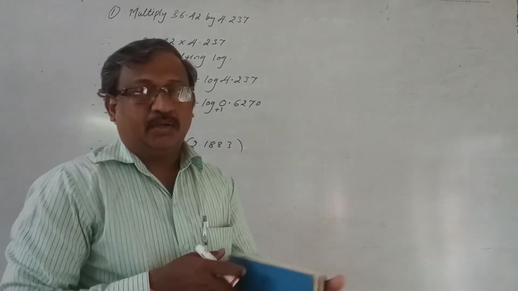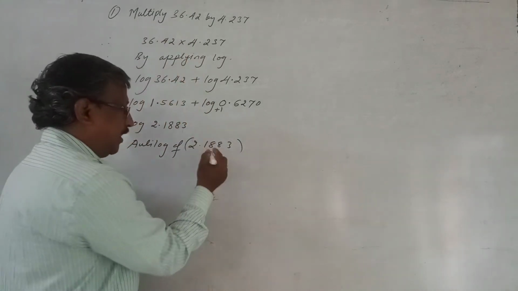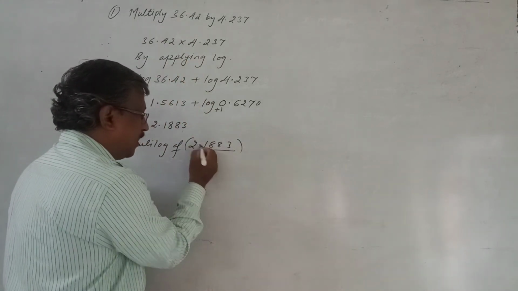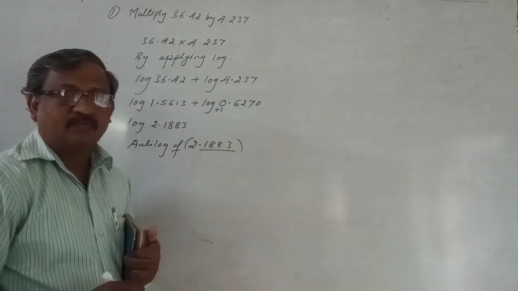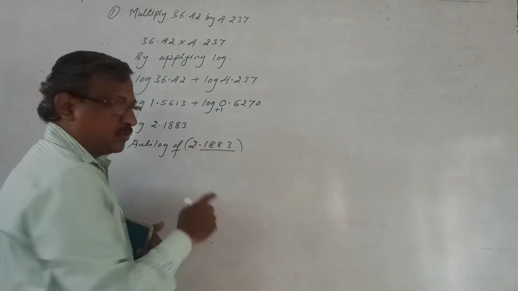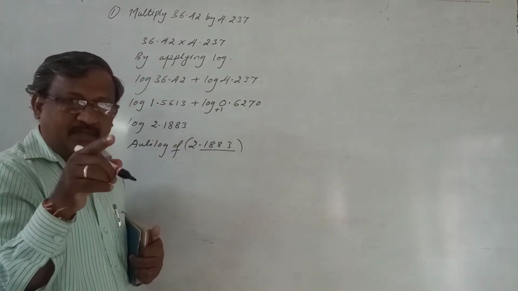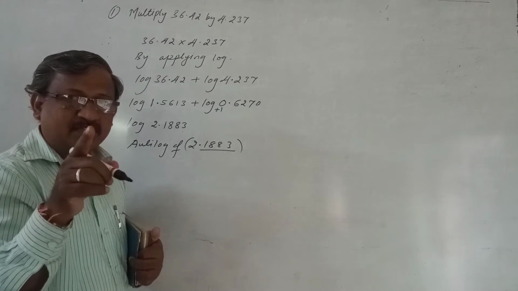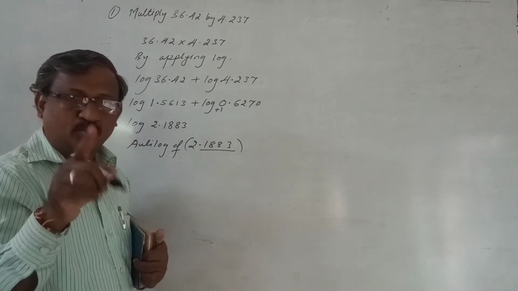When you go for anti-log, I told you, in the anti-logarithm, how you see log, like that you have to see the anti-log. But when you see the anti-log, always you have to refer to which part? Fractional part. By referring to this fractional part, we find the value from the anti-logarithm. Because in the first column, the values are in 2 digits, starting from decimal, 0.00, 0.01, 0.02, like that, right?